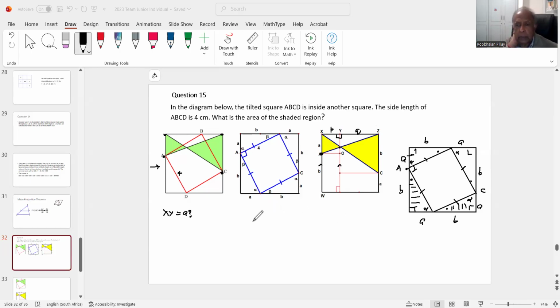Now, here comes the geometry. I'm going to look at A over B. These two triangles are similar.